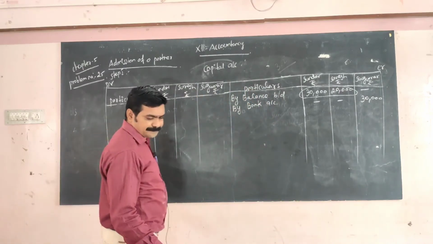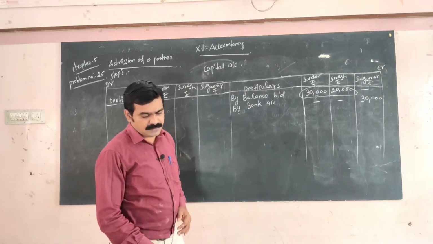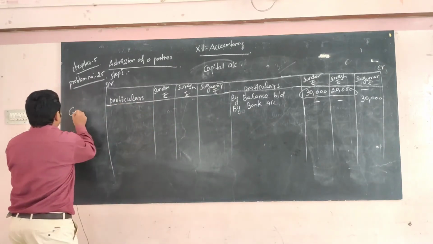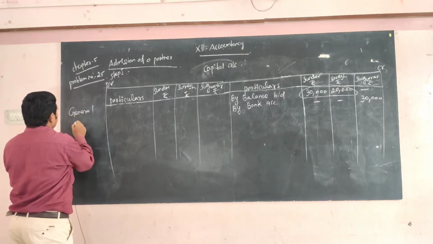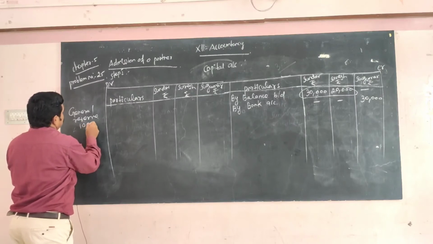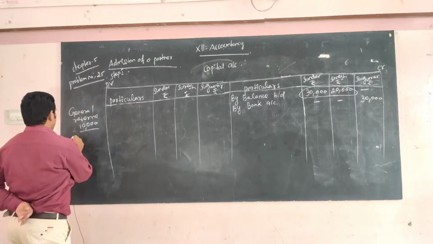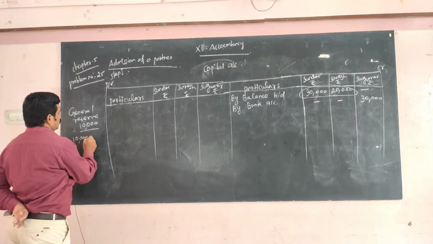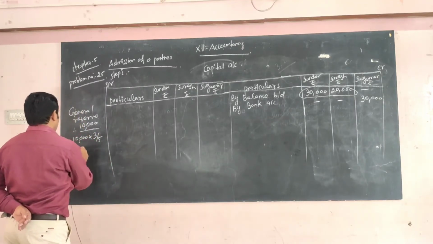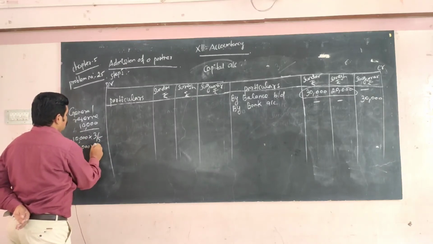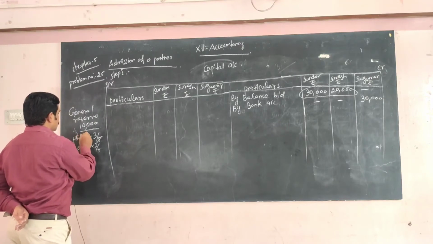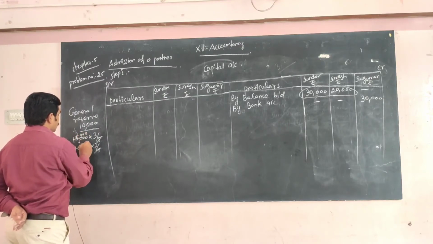What is the amount? 10,000 general reserve. So 10,000 into 3 divided by 5, and 10,000 into 2 divided by 5.